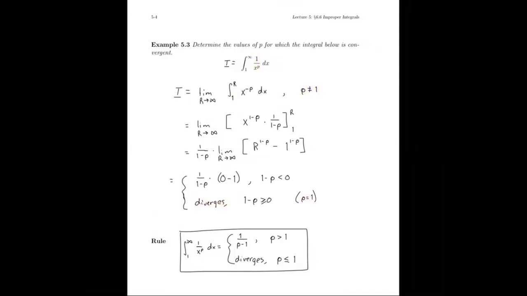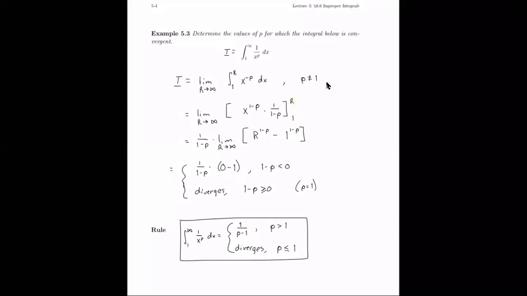Now, let's proceed with the case that we're not worried about. If p is not 1, then it's x to the 1 minus p. We add 1 to the power of x to get the antiderivative, and then we divide by that new power for our coefficient. So that's the factor of 1 over 1 minus p.